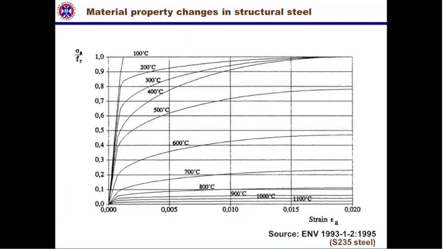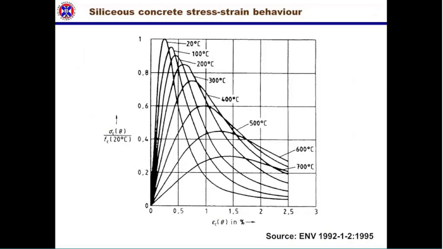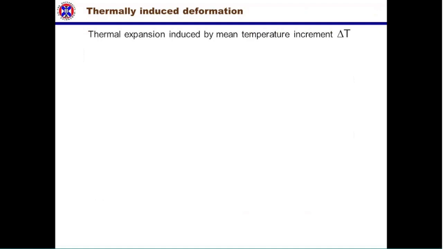Material property changes in structural steel can be obtained from a lot of codes. This is just an example of the kind of material property changes that you find in the Eurocodes for structural steel, and you can find similar information about concrete. This is the stress-strain behavior of siliceous concrete at different temperatures.